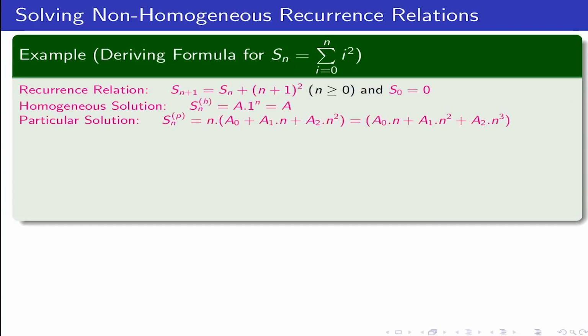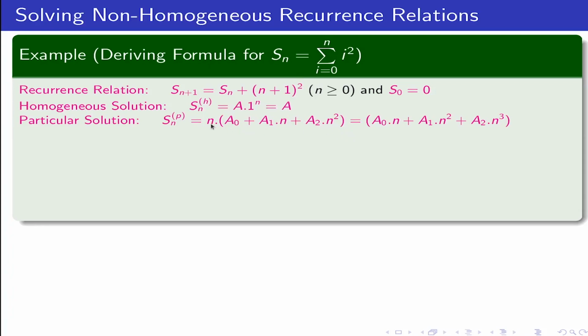What I mean is that since this is a function of the order of n square, that is the power of 2, I will put all the terms in the particular solution as a0 plus a1n plus a2n square. If it were at the power of 4, then I will put a0 plus a1n plus a2n square plus a3n cube plus a4n to the power 4.